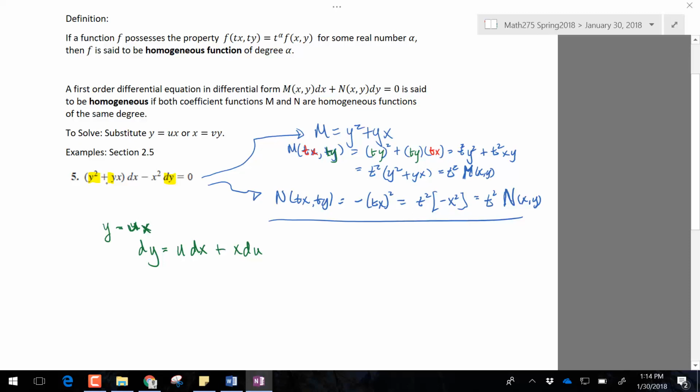So let's do the substitution. We got u times x quantity squared plus u times x dx. So all the y's that need to be replaced are getting replaced, minus x squared. And now my dy gets replaced with u dx plus x du.